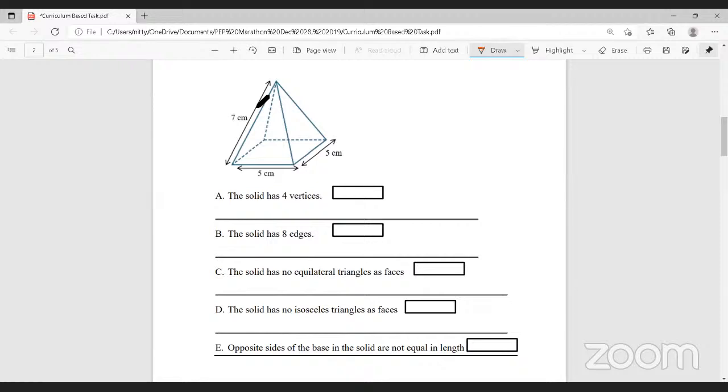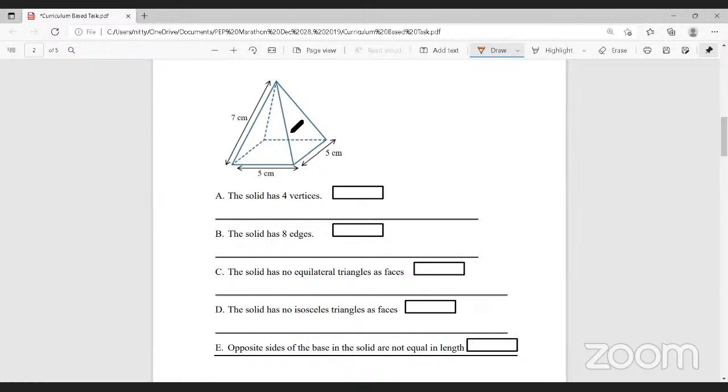All right, so Tanya and Devani say true. Okay, let me hear what the others think. True or false? The solid has 4 vertices. Rankin says false.